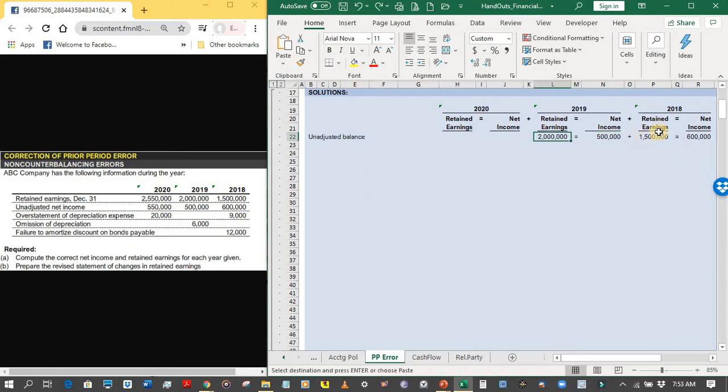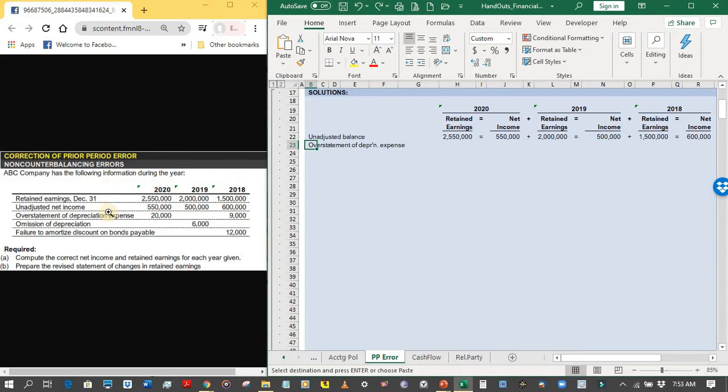So that is 1.5 million plus 500,000 equals 2 million pesos. Then the net income in 2020 is 550,000 pesos, and the retained earnings at the end of 2020 is 2,550,000 pesos. So let us start the analysis of the overstatement of depreciation expense.